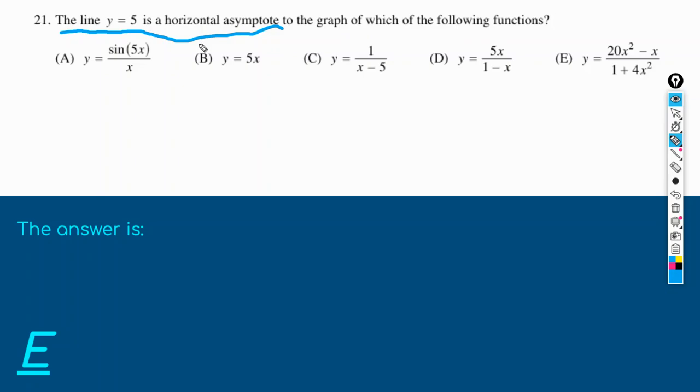Now, a horizontal asymptote means that as x approaches infinity or negative infinity.